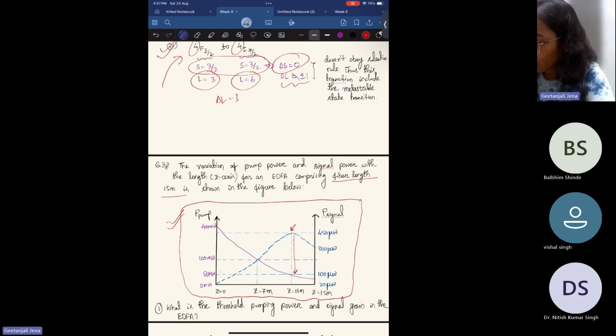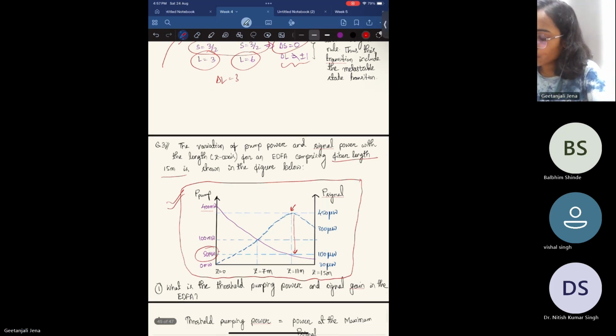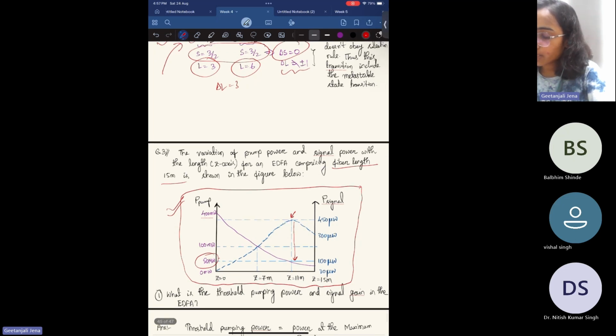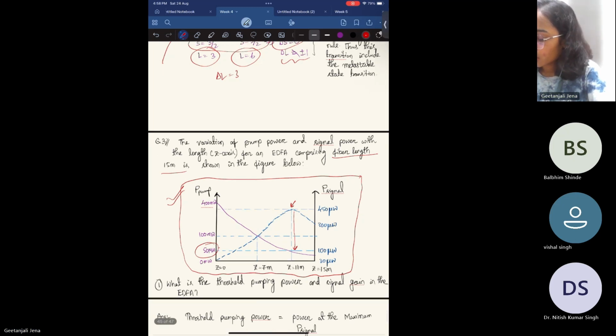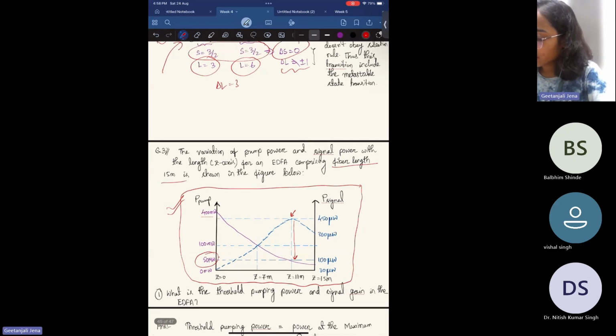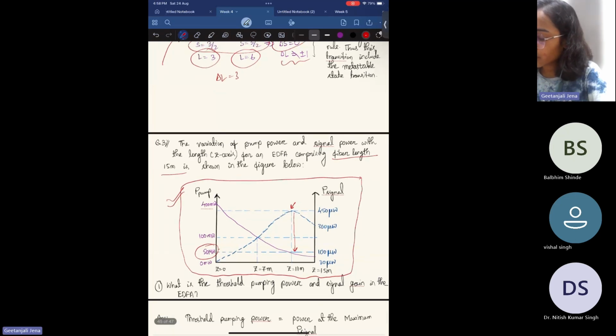And the pump power around this maximum signal is 50 milliwatt, right? So that means the threshold pumping power is 50 milliwatt. You just have to see what is the pump power around the maximum signal power.